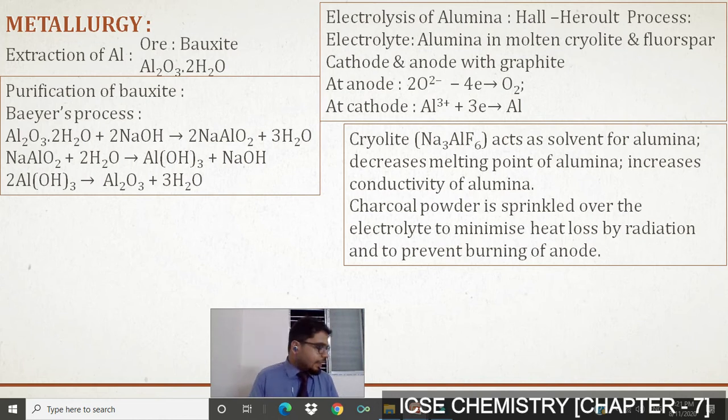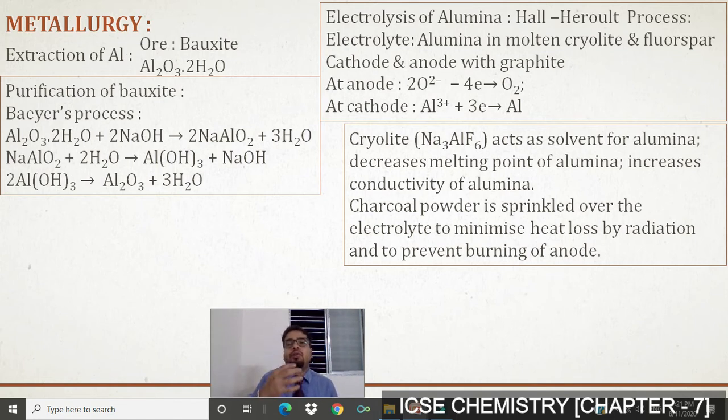But let me tell you that the melting point of alumina is 2050 degrees Celsius, but when cryolite is added to it, the melting point of this mixture drops down to 950 degrees Celsius. So it saves a lot of fuel.